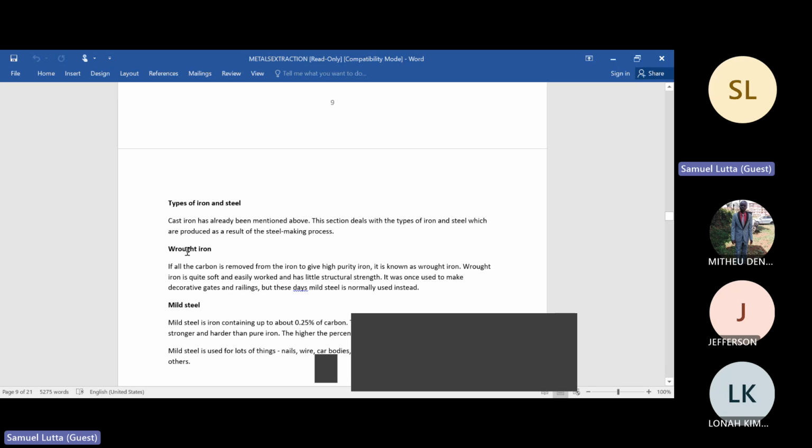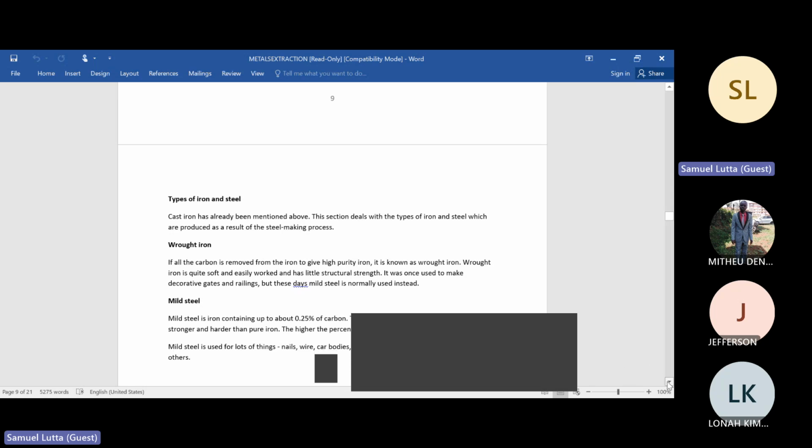Again, we have what we call wrought iron. If all the carbon is removed from the iron to give a high purity iron, then this iron is called wrought iron. And then you can have another one which contains some percentage of carbon, smaller than what we started with, about 0.2%.